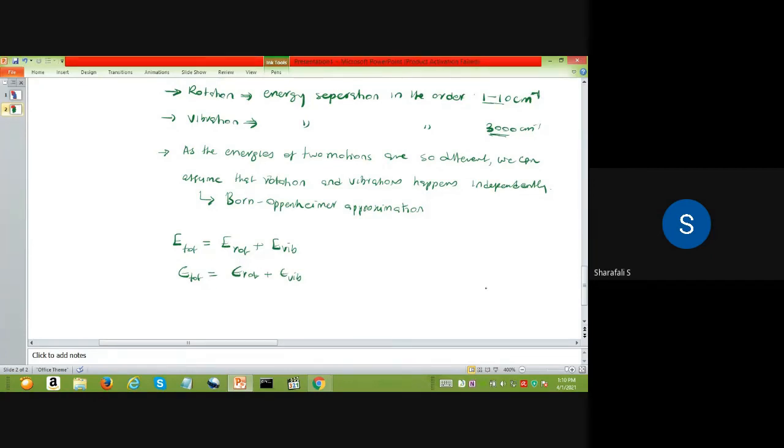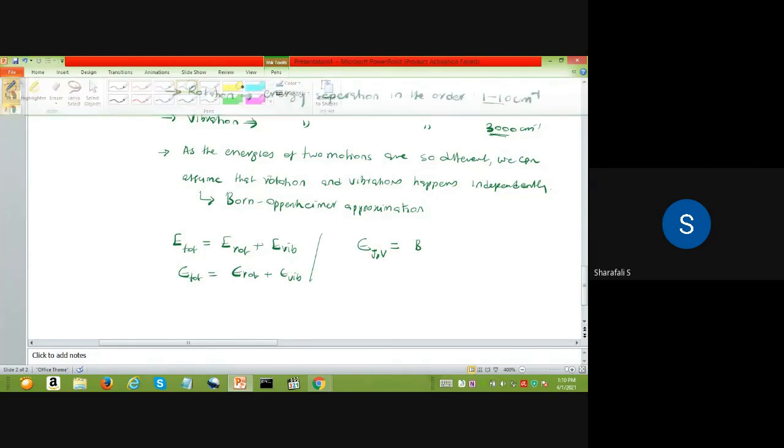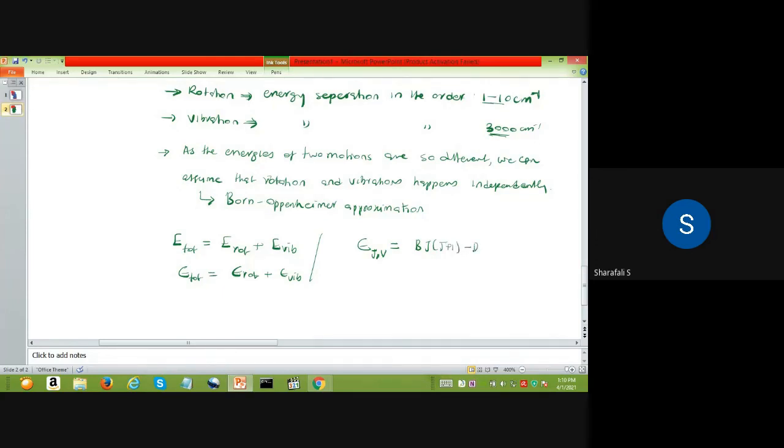So what will happen to this total energy in terms of epsilon? Epsilon of j comma v, that is rotational quantum number comma vibrational quantum number, will be equal to B into j into j plus 1, minus D into j square into j plus 1 square.